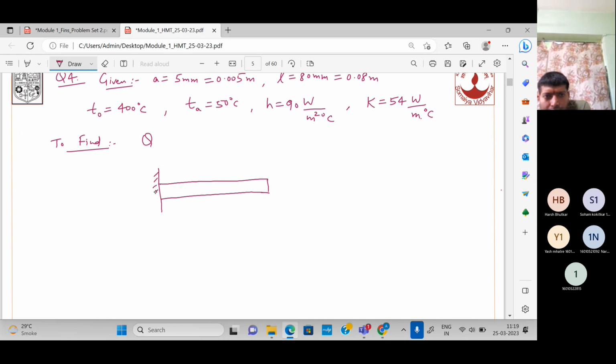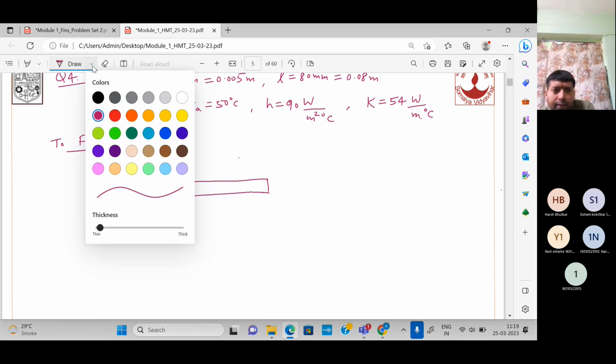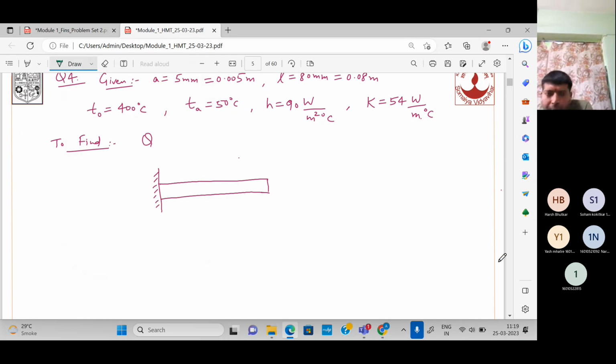This is a wall, and this steel rod is attached to it. Here the base temperature, the maximum temperature, will be T naught, and here in the surroundings is the surrounding temperature T infinity.